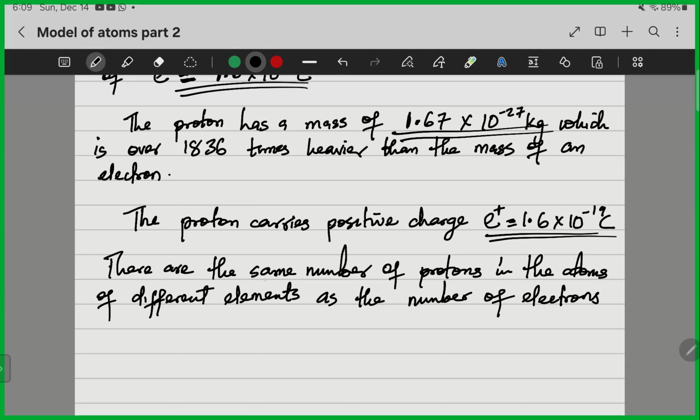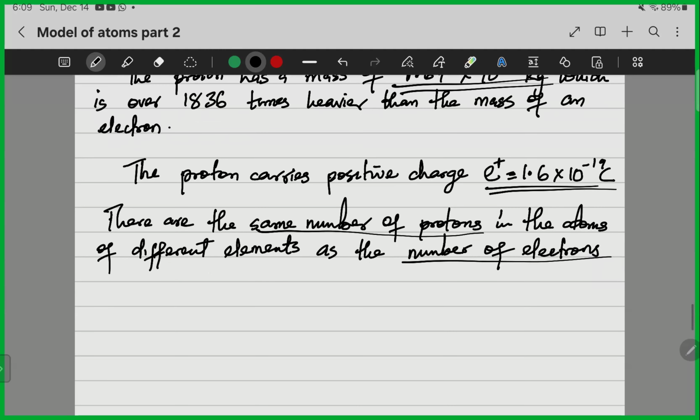So we're saying the number of protons is equal to the number of electrons. Take note of that. So that's the point we're making.